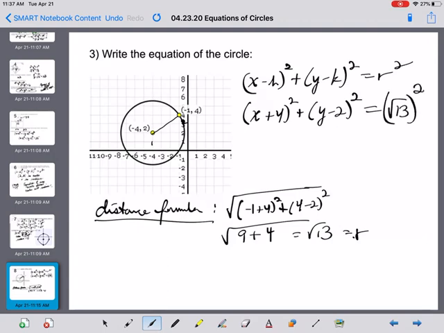So that's the square root of 13 squared. Make sure you put that in there, squared. Simplify. And then if you put it into Desmos, you will see that it is the correct circle.